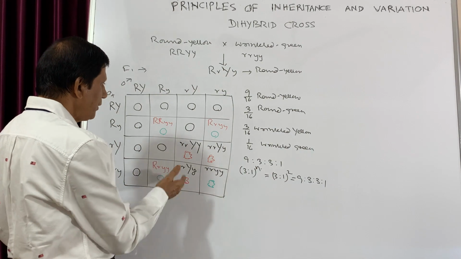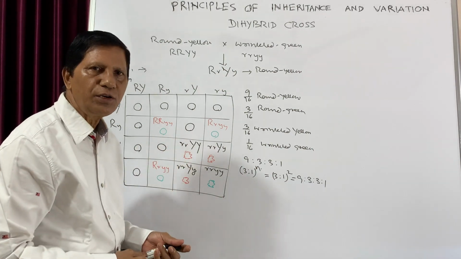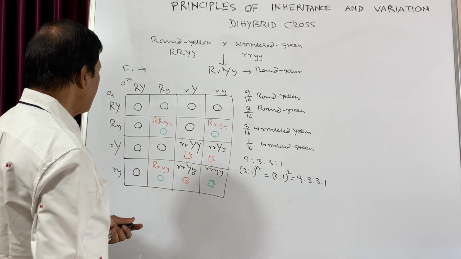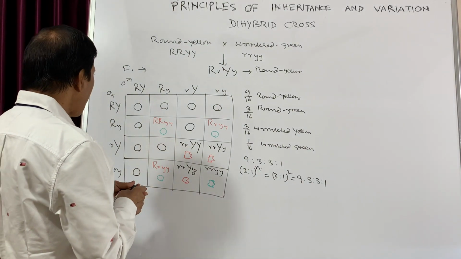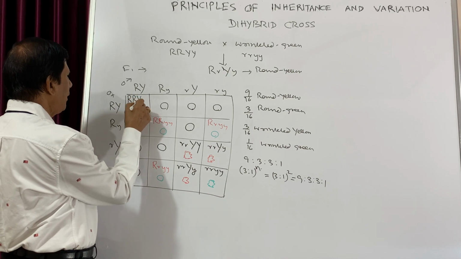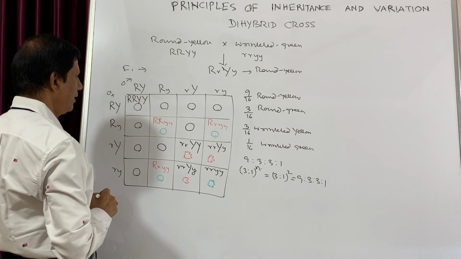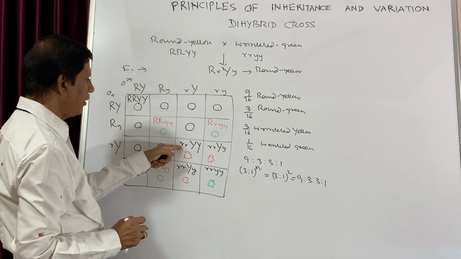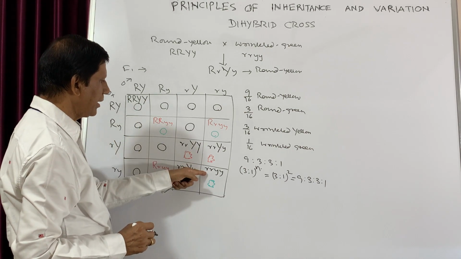Now from this we can get the genotypic ratio. So what is the genotypic ratio? Now you see, at this place it will be capital R, capital Y, capital Y. Here it is capital R, small y, small r, capital Y, capital R, and this.